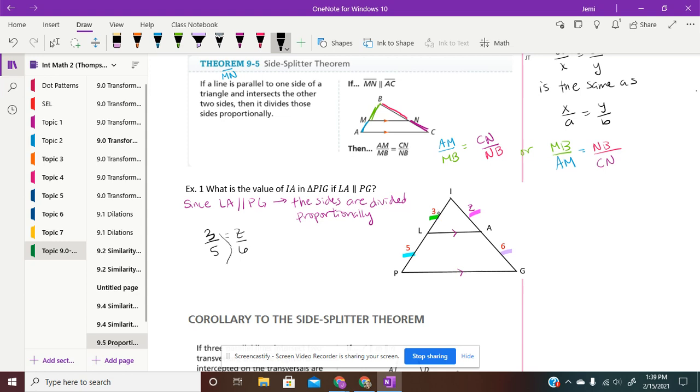So 3 times 6 gives me 18. 5 times Z, so I have 18 is equal to 5Z, and I divide by 5.